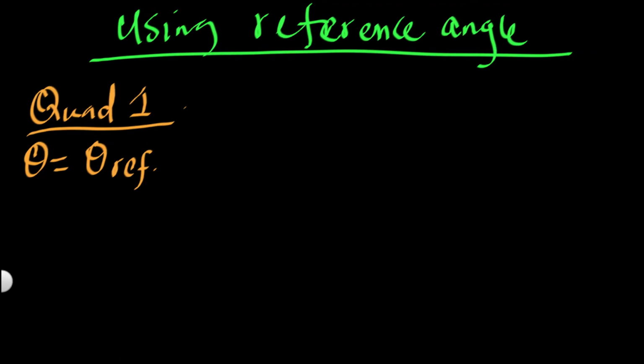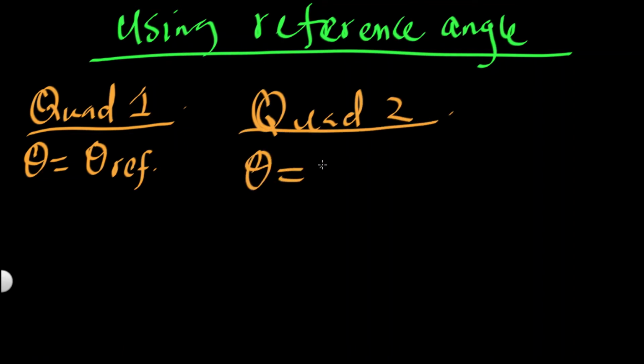Then in the second quadrant, theta would be equals to 180 degrees minus theta ref. So in the second quadrant, you subtract your theta ref from 180 to get the theta that you're looking for.